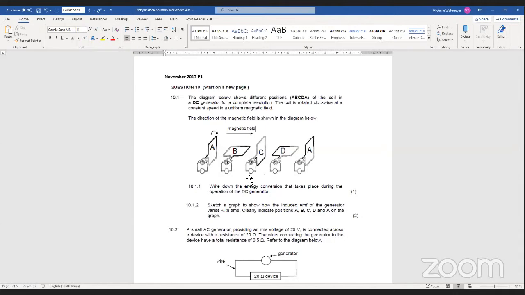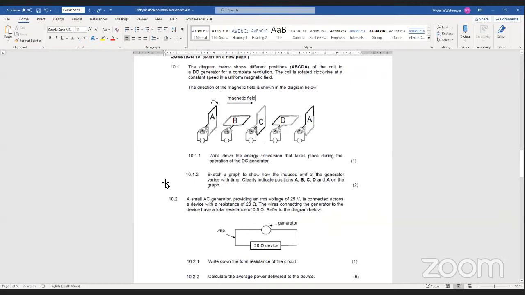The coil is rotated clockwise at a constant speed in a uniform magnetic field. The direction of the magnetic field is shown in the diagram below. So then they give you the images and they ask you 10.1.1, write down the energy conversion that takes place during the operation of the DC generator.